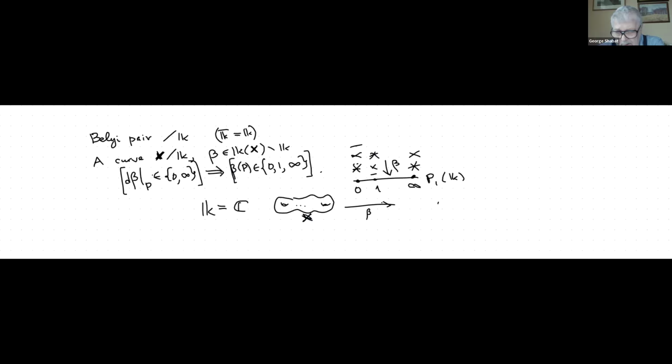And on the Riemann sphere, where we mark the points 0 and 1, in several ways we consider the graph.